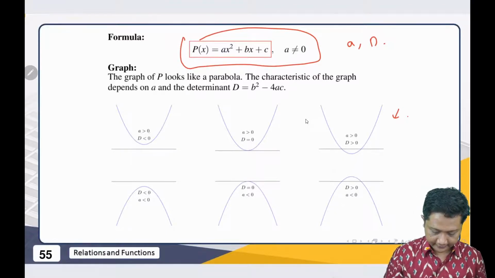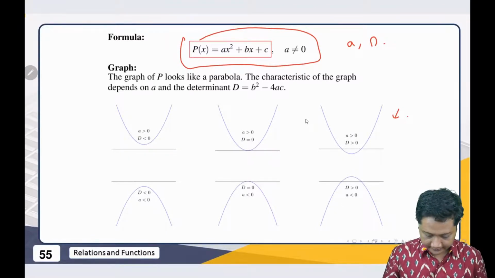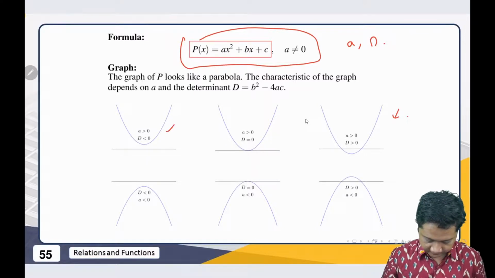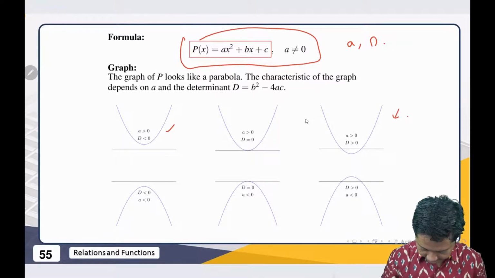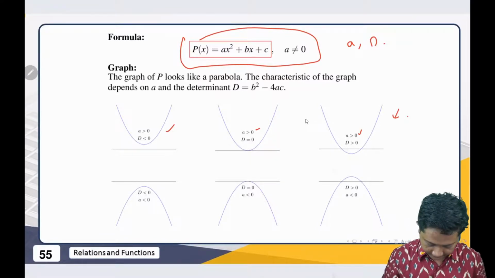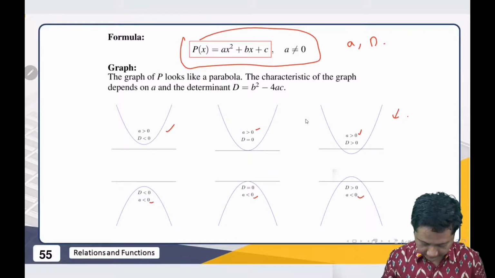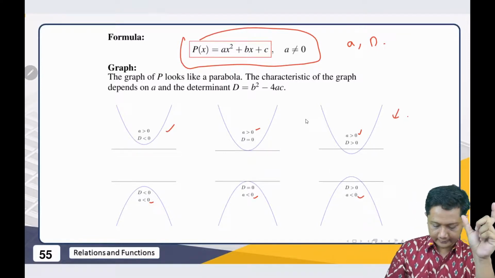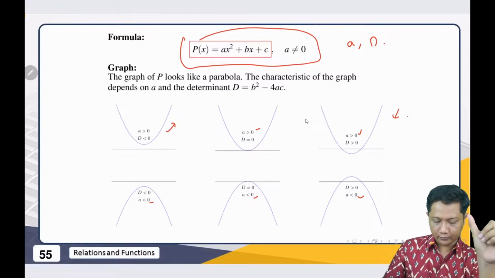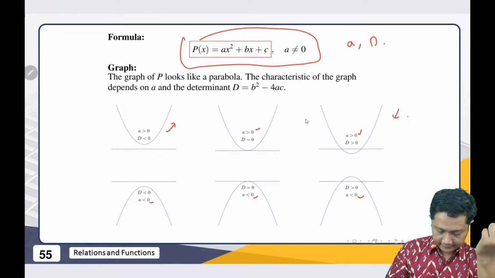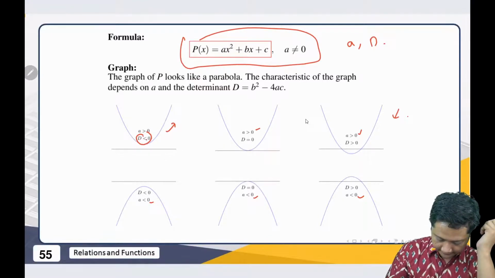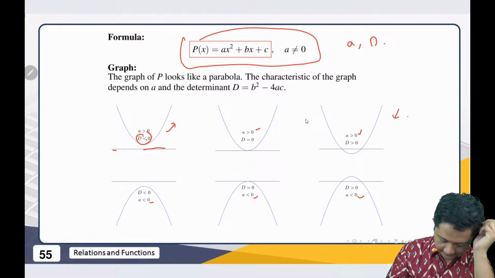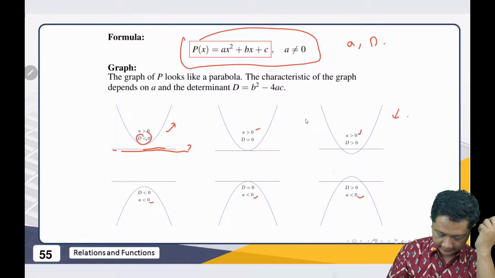And when a is greater than 0, then what happens? We have this, right? See, a greater than 0, and this one, a is less than 0. So it will affect whether it is concave or convex. And how about the D? D will give effects: when D is less than 0, then it will not cut this horizontal line, the x-axis.